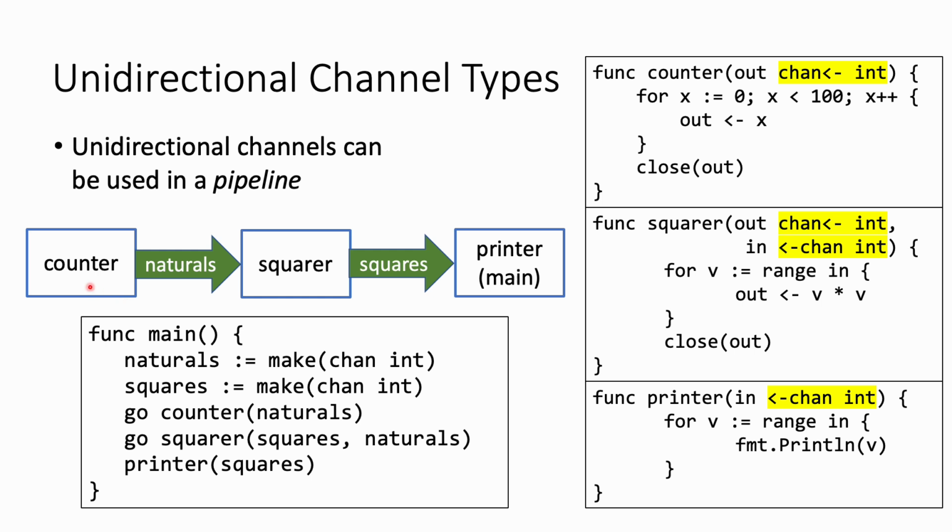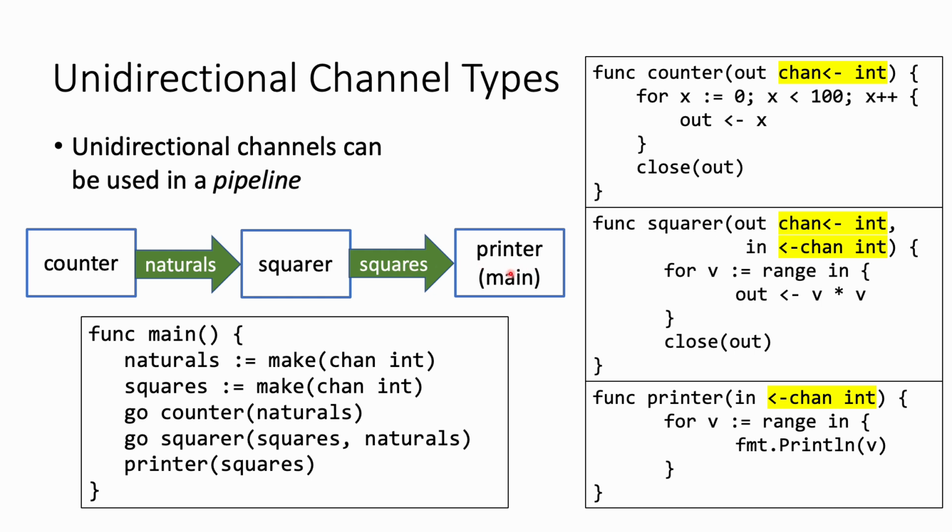The first goroutine, counter, generates integers from 0 to 99 and sends them over channel naturals to the second goroutine, squarer. The squarer goroutine receives each value, squares it, and sends the result over channel squares to the third goroutine, printer.